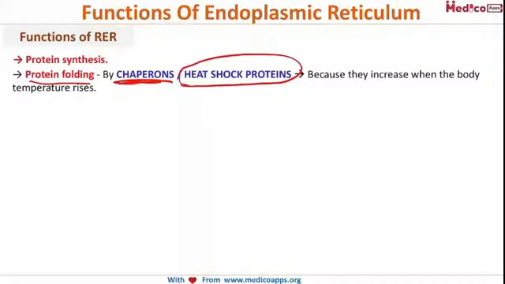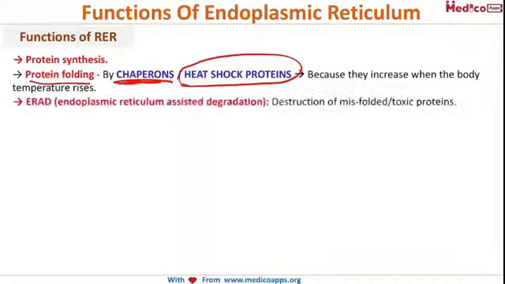Okay. Now, another important function of endoplasmic reticulum of the rough type is ERAD, that is endoplasmic reticulum assisted degradation. ER assisted degradation. So, we know that protein folding is also carried out in the RER, right.